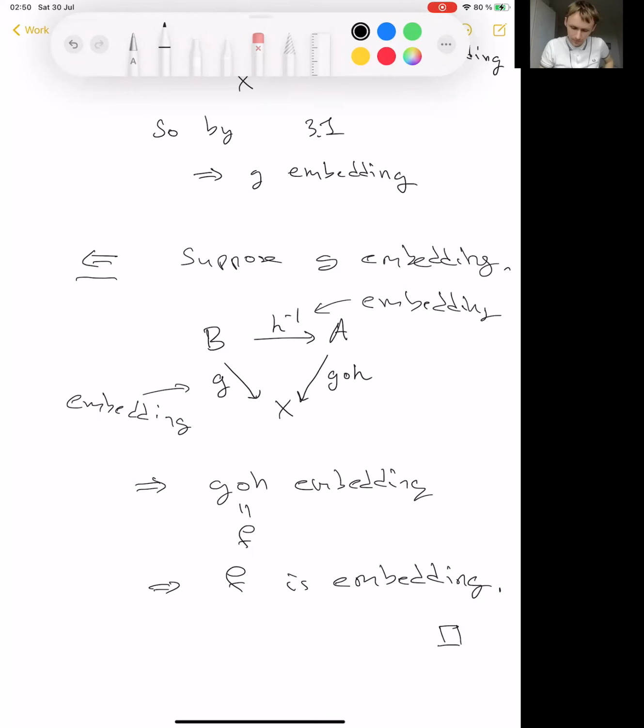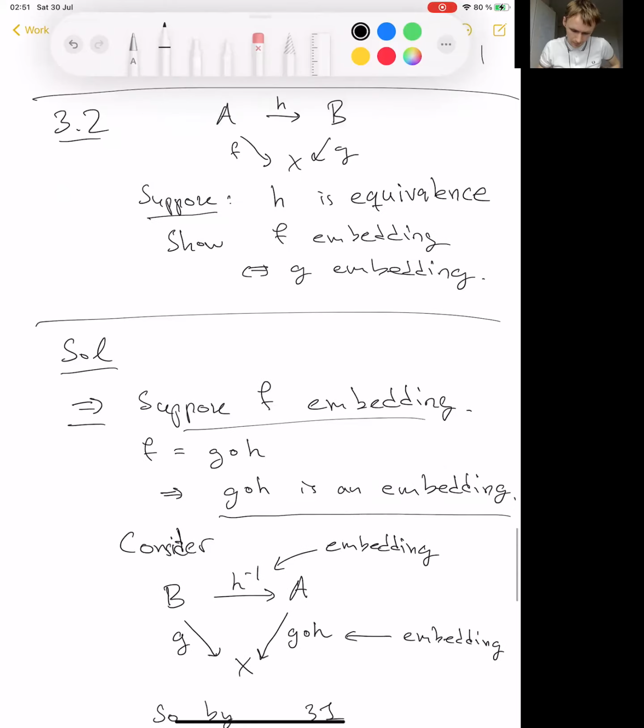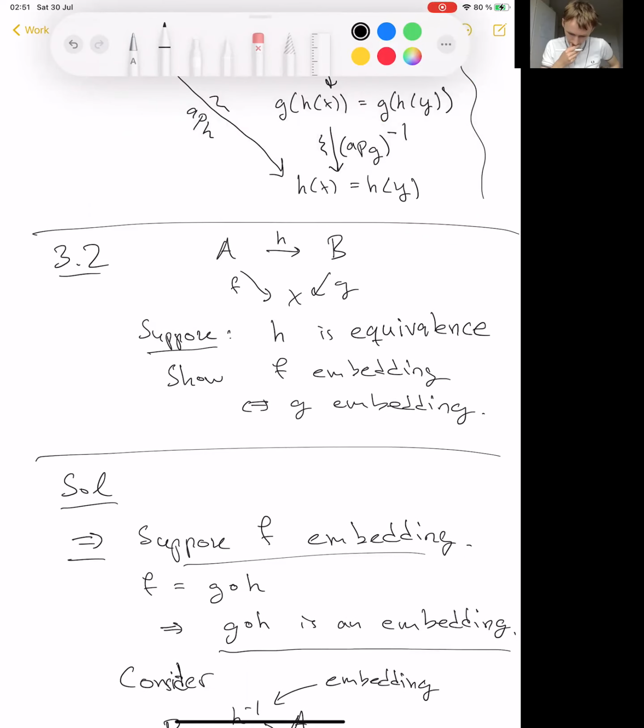I think one direction would be true, but not the other. If H is an embedding and G is an embedding, well, that's kind of what we just showed in the previous part, right? Then F would be an embedding because F is a composition of two embeddings. But the other direction is not true, I think. Can I come up with a counterexample?